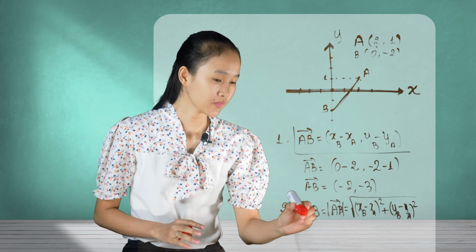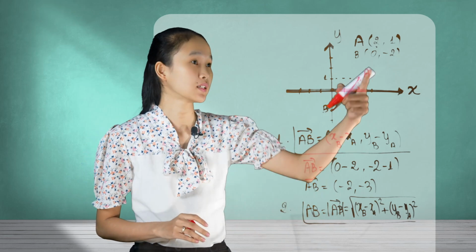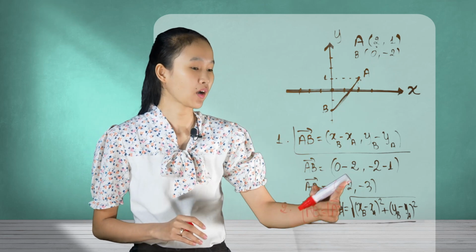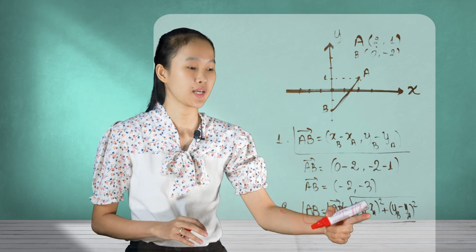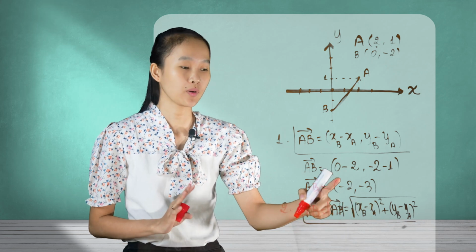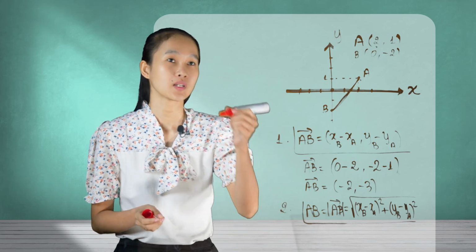Well, here is the formula, and since I already found the coordinate of AB here, I don't have to find it again. So I'm going to substitute what I have found into the formula.